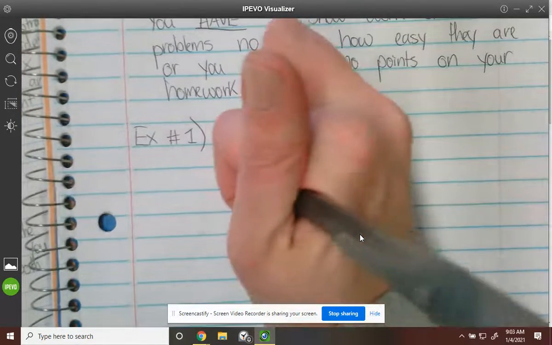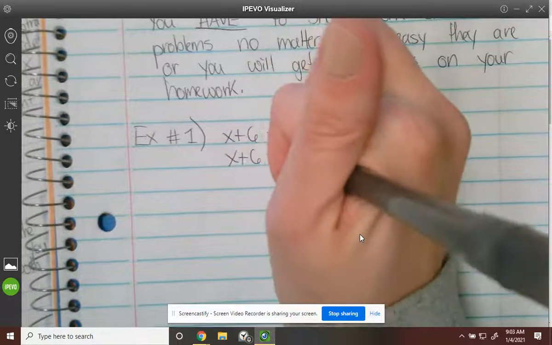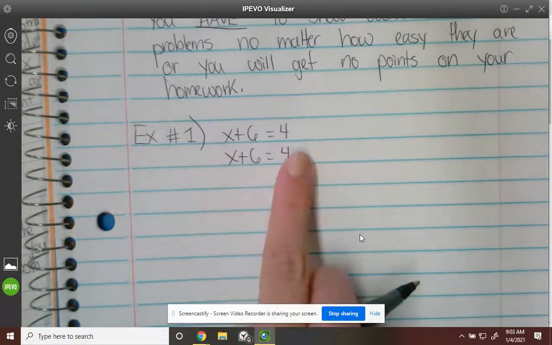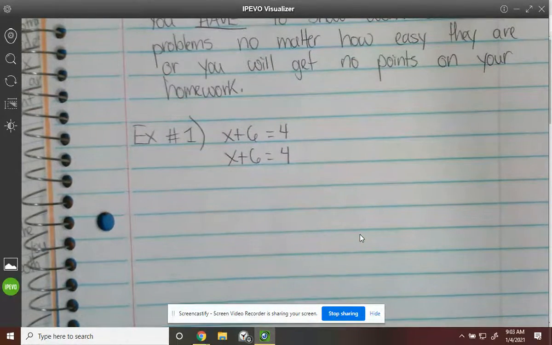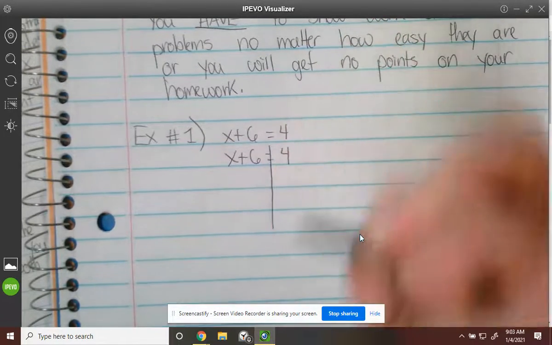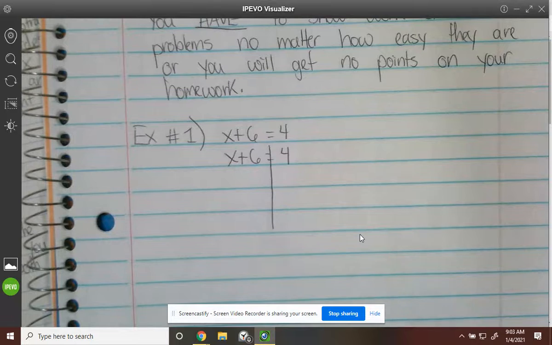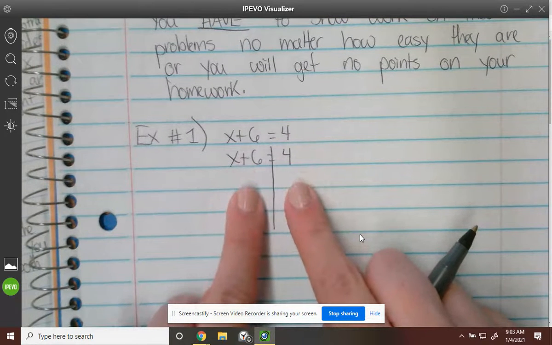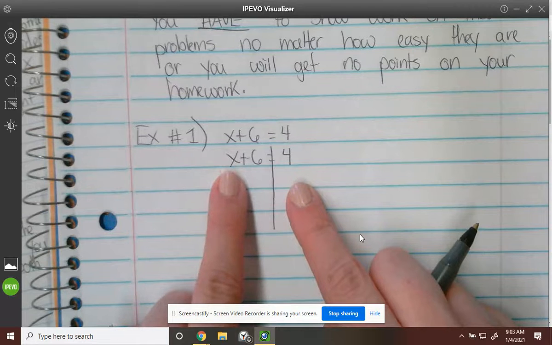Okay, I'm going to write it again just so people that are reading these notes can see what the original problem is before I scratch all this up. So we always draw a line through the equal sign because these are two separate parts. Our whole goal is to get x by itself. We want to know what x equals. So in order to do that, what's in our way?